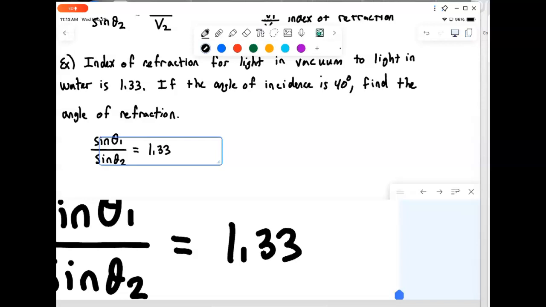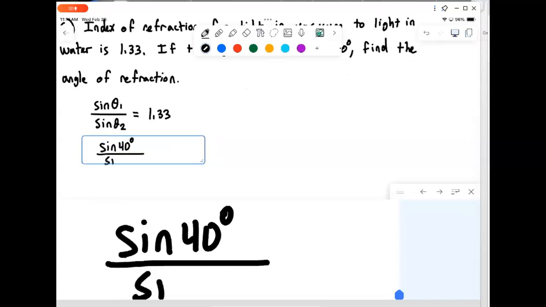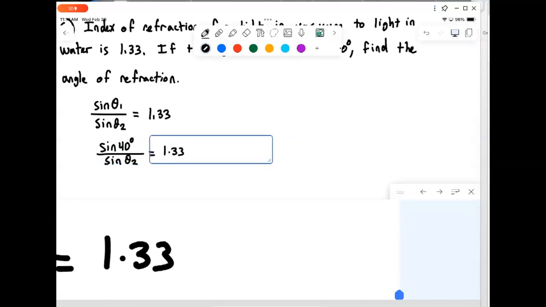Sine theta 1 over sine theta 2 equals v1 over v2, and I told you that v1 over v2 is called the index of refraction. So what else do we know here? Well, we know the angle coming in is 40 degrees. So sine of 40 degrees over sine theta 2 is equal to 1.33, right, from which we can solve for theta 2.